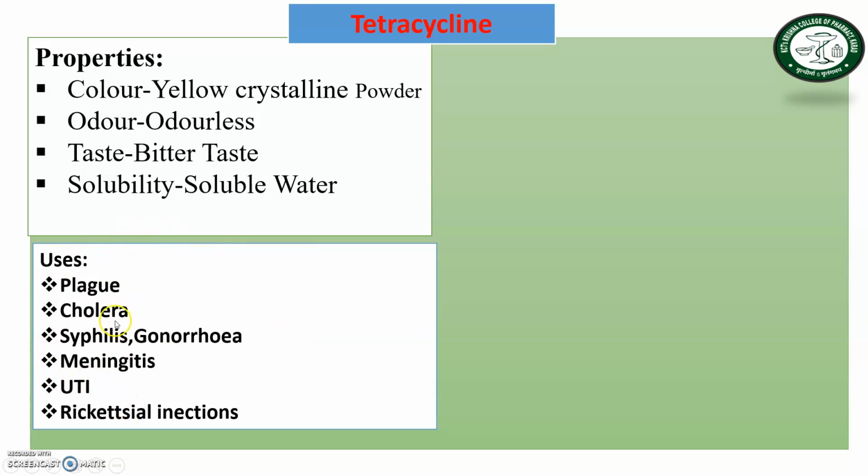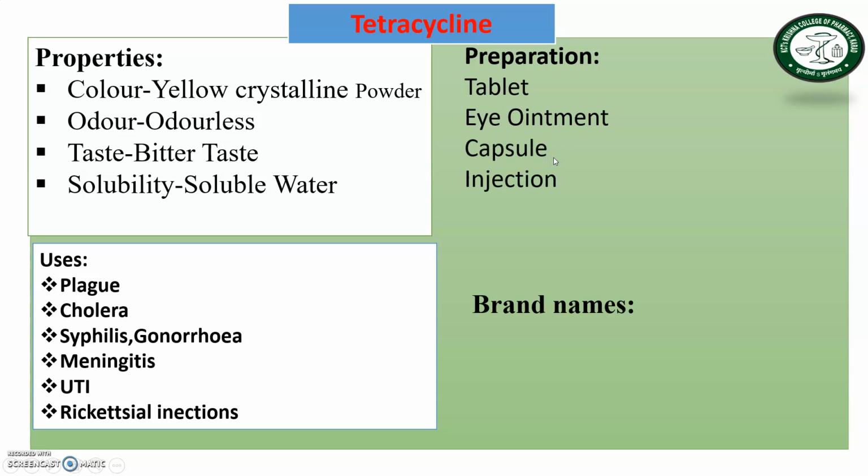For all types of diseases, we can use this tetracycline for treatment. Preparations are available in tablet form, eye ointment, capsule, injection. These are the brand names of tetracycline. So this is the detail, frequently asked in the exam: write the uses and preparation of tetracycline. So prepare from this slide for your exam.